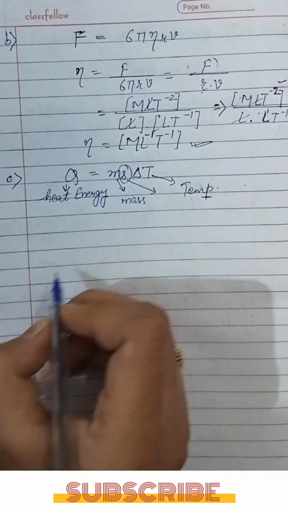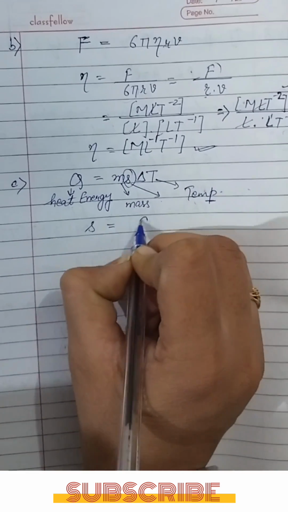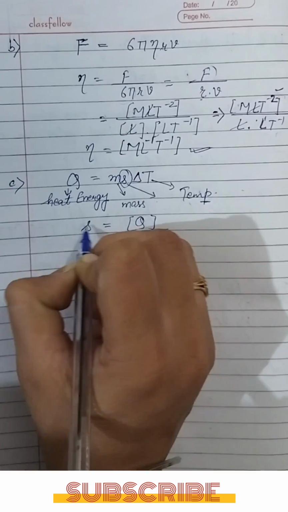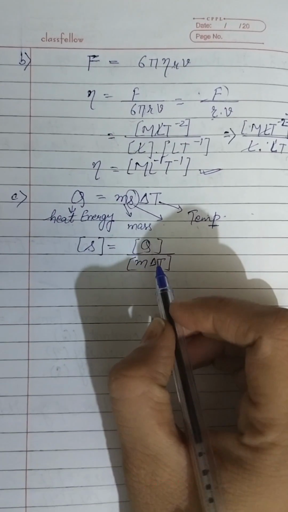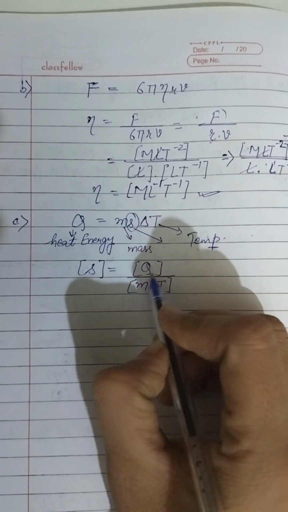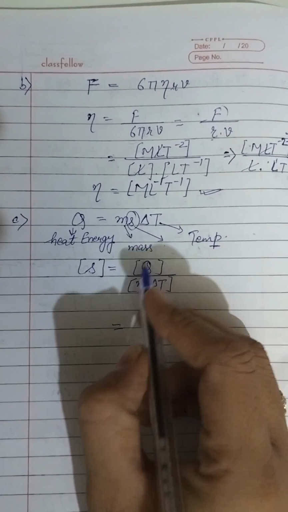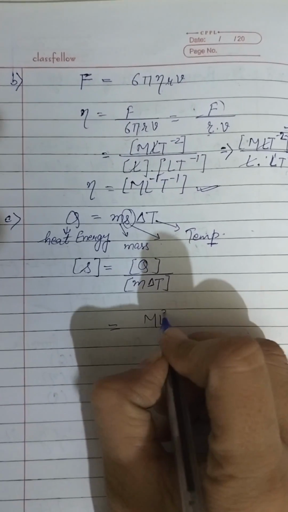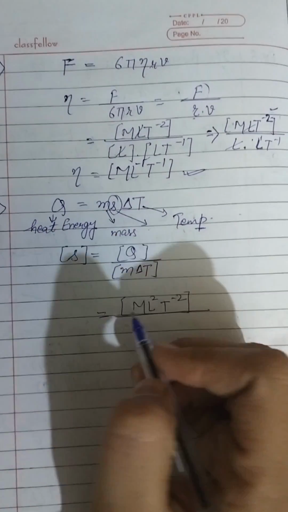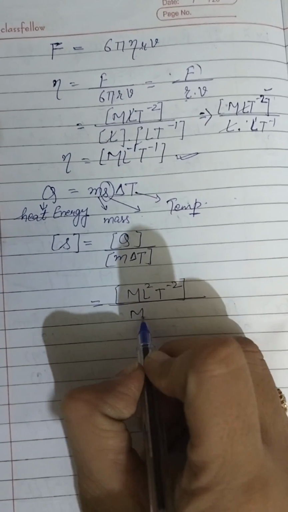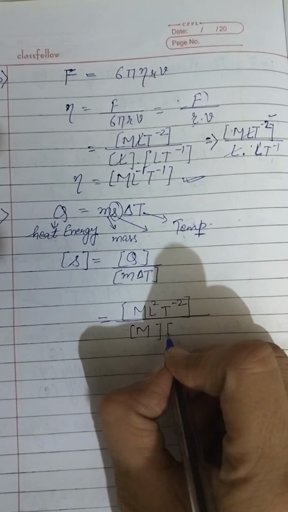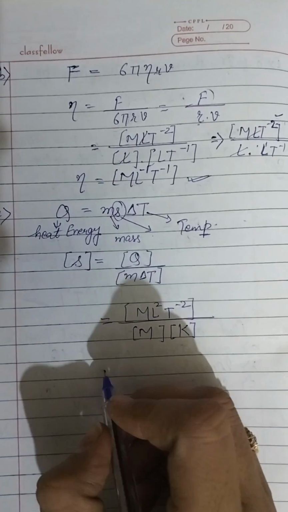So we find the S value: S is equal to Q upon m delta T. Q is the heat energy, so its dimensional formula is M L2 T minus 2, because it is also a form of energy, and here mass is M, and temperature gives the value K, that is Kelvin.